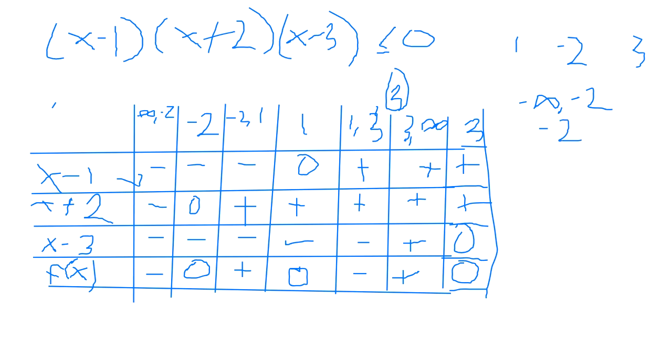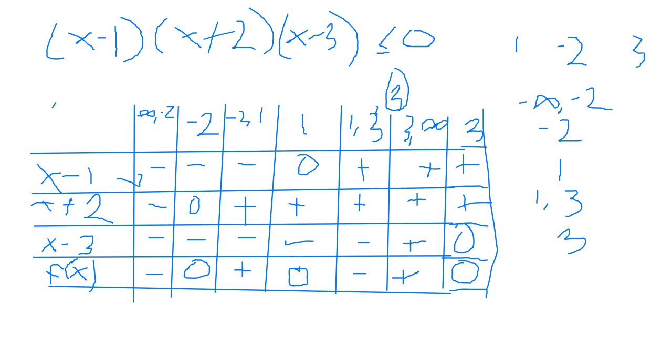At 1 it is 0. Between 1 and 3 it is negative. And at 3 it is 0. So we are looking for where it is 0 or negative. Can you see that? Yes.